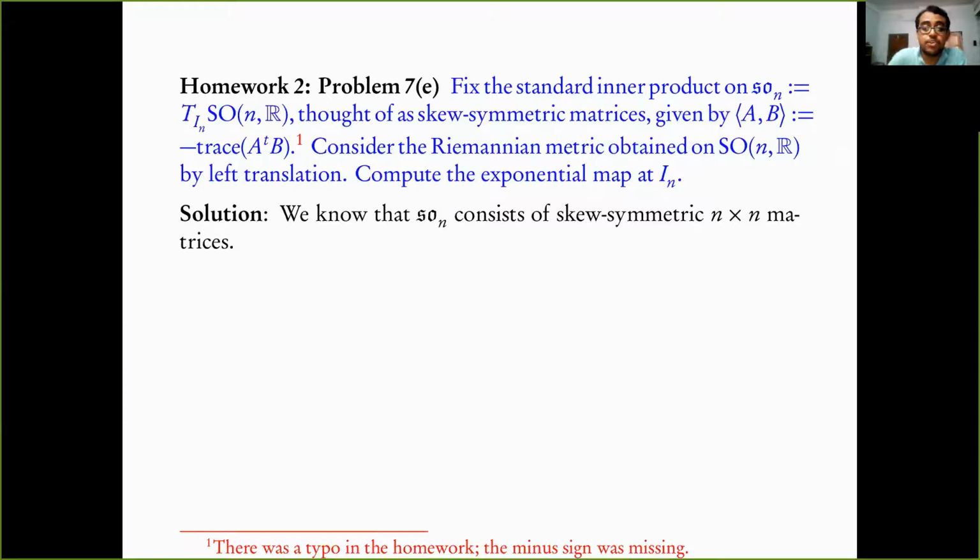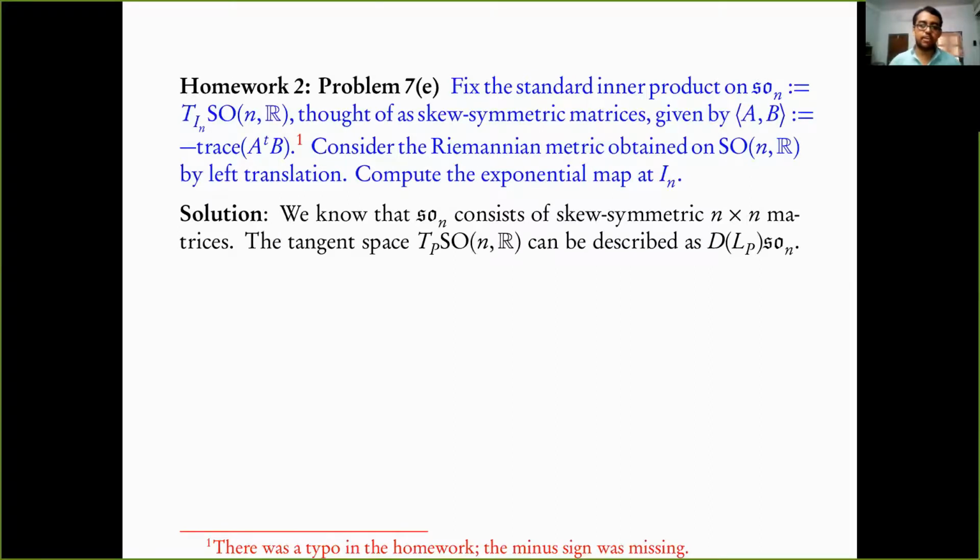We know that SO(N) consists of matrices A of the form A transpose plus A is 0. The tangent space at any matrix P can be described as: take the tangent space at identity and you left translate. If you left translate by P, then the tangent space at identity goes linearly isomorphically to the tangent space at P.